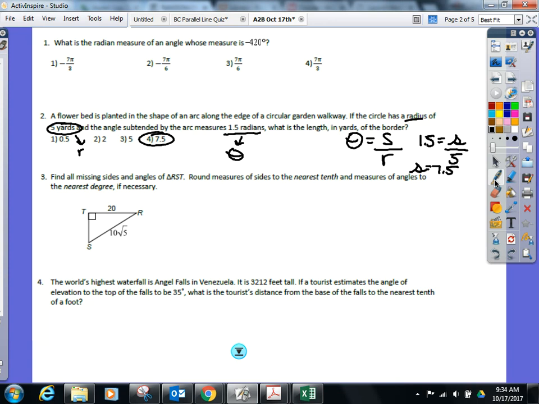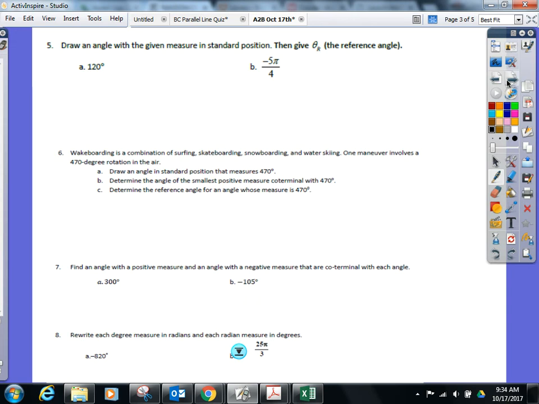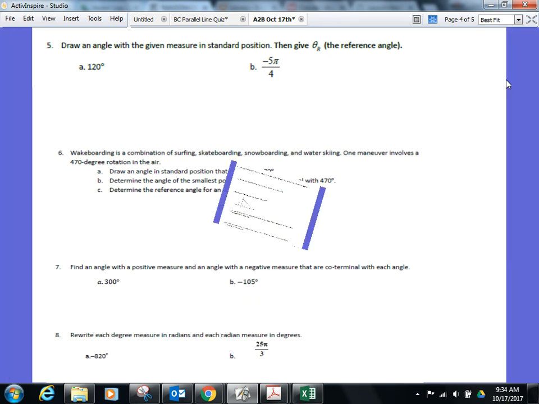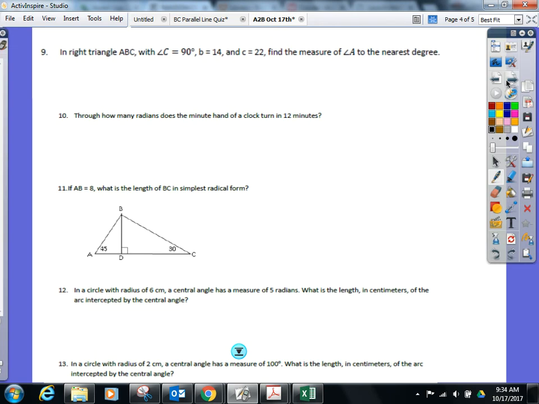All right, next one I wanted to go to dealt with the clock. Number 10. Through how many radians does the minute hand of the clock turn in 12 minutes?